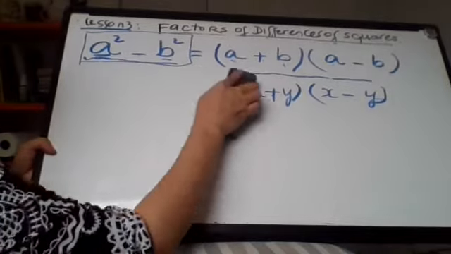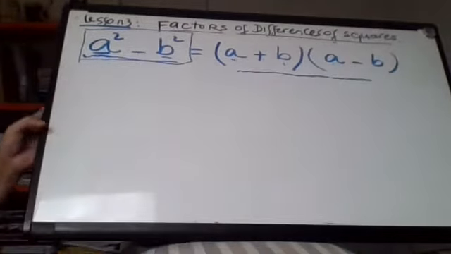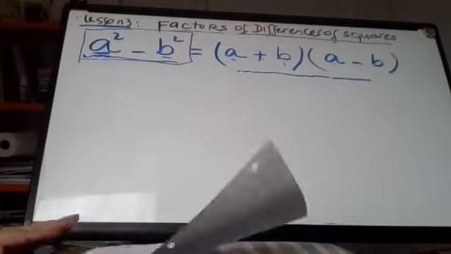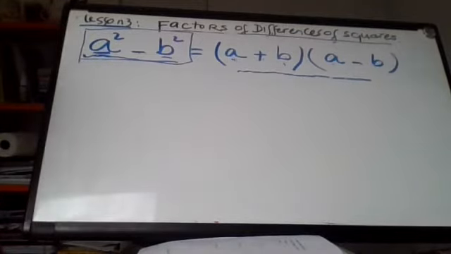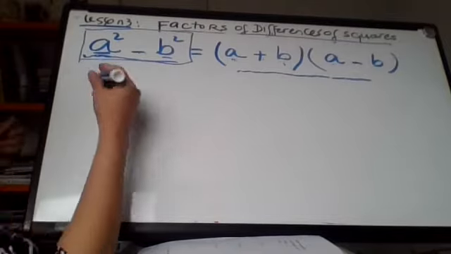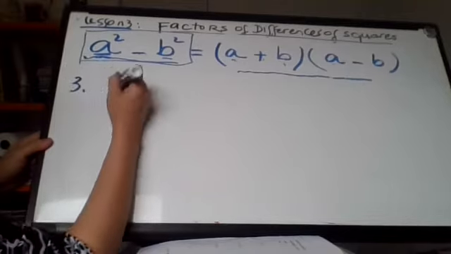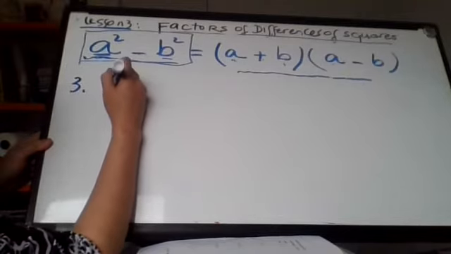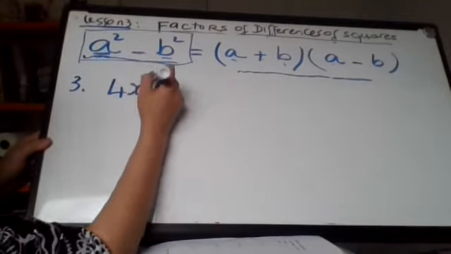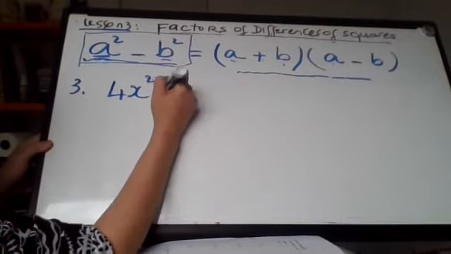I will check for you, okay? Now I'm going to show you the next example, and this time I have a number. So example 3: I have an algebraic expression 4x squared minus 9.